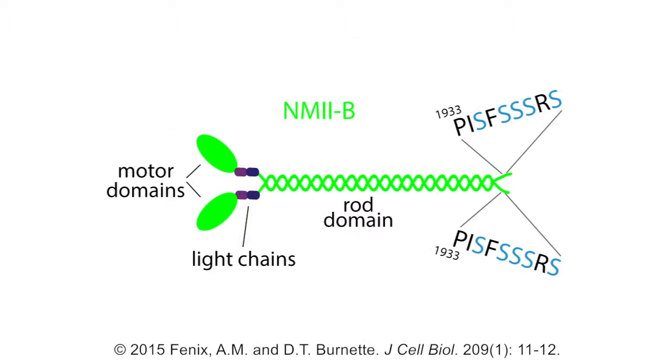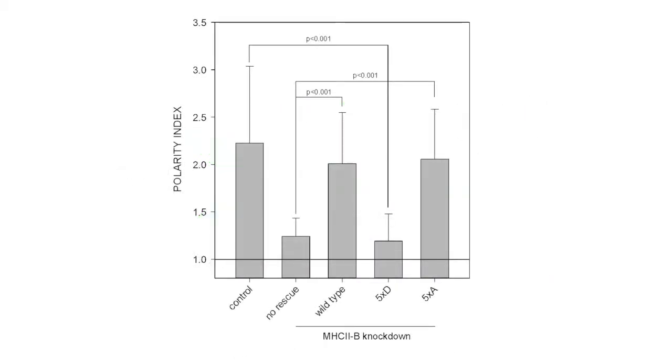Juanes-Garcia et al. suspected that this critical serine-rich cluster in myosin II-B might be regulated by phosphorylation. So what we did was mutate every serine to aspartic acid, and when we used this phosphomimetic mutant to rescue the shRNA-dependent deficiency of myosin II-B in our cells, we found that this mutant was not able to restore the migratory polarity, and actually the cells behaved like myosin II-B knockdowns.